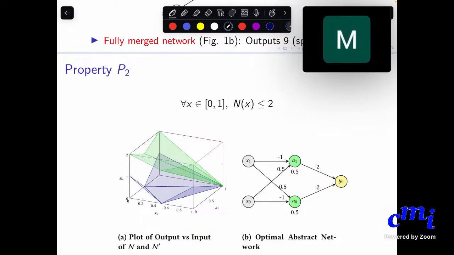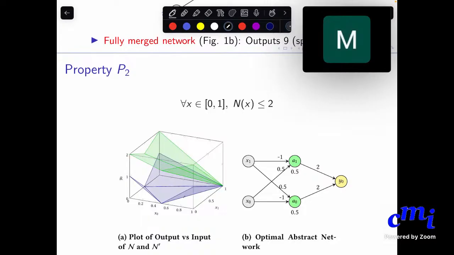We want the property to be bounded by 2, and the green plot is bounded by 2 in all possible ways. We can see this is actually three piecewise linear functions, divided by two partitions.